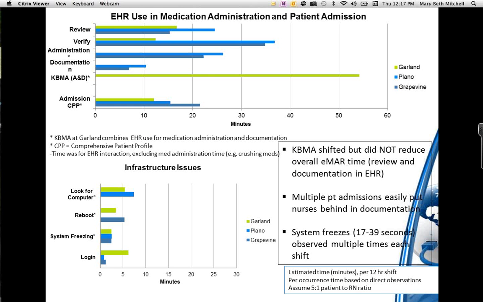So we did some similar observations around medication administration as we are implementing our barcode medication administration module within our clinical system. We wanted to know, is it going to take our nurses longer to administer meds or not?